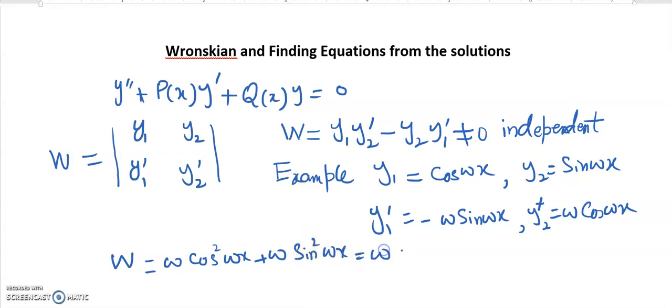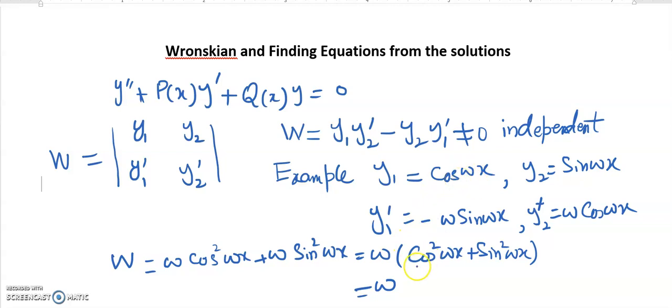We can take omega constant, and then cosine square omega x plus sine square omega x, and we know that sine square x plus cosine square x is equal to 1. Similarly, cosine square omega x plus sine square omega x will also be equal to 1, so it will be equal to omega.